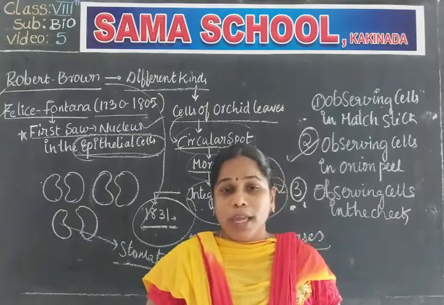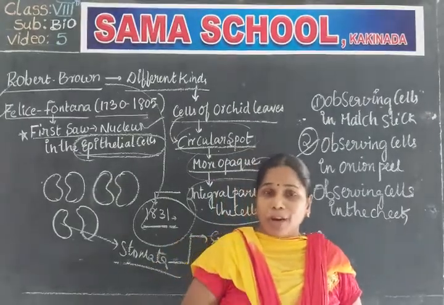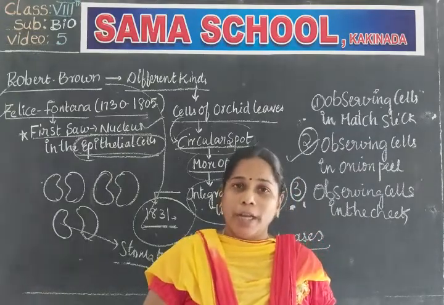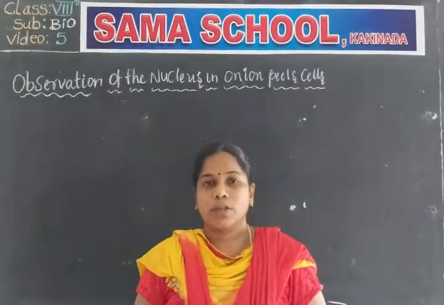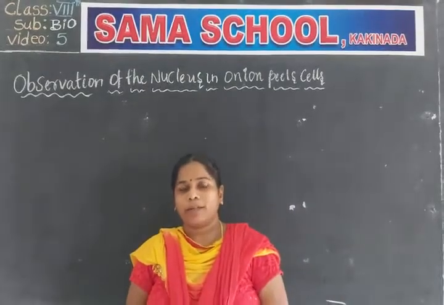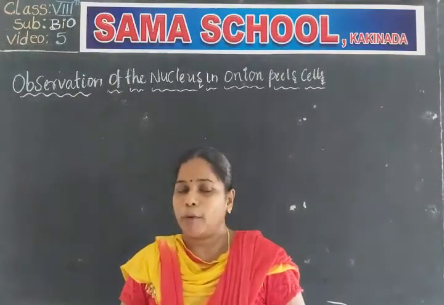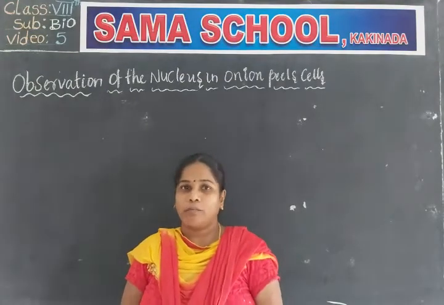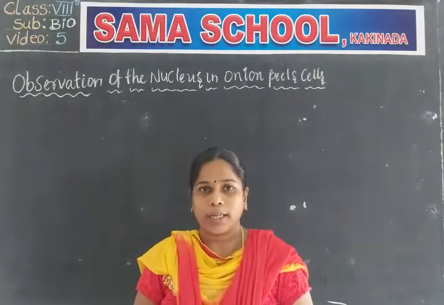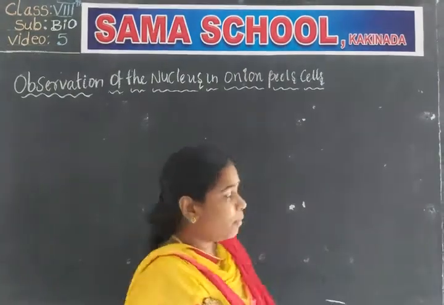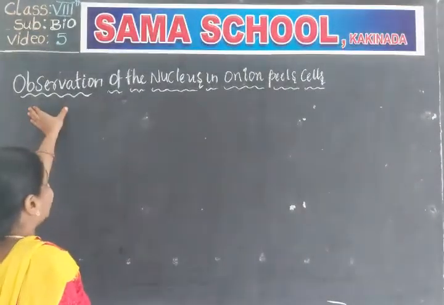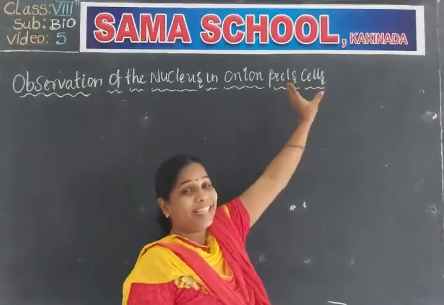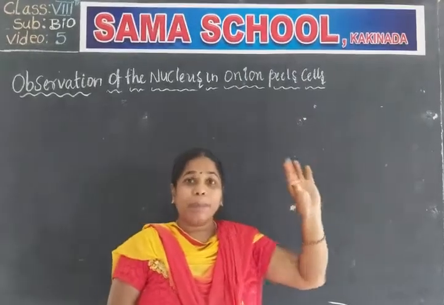Understand? So next we are going to learn another activity, observing the nucleus in onion peel cells. Here we have learned about Robert Brown, what type of cells he saw, and what name he gave to that cell organelle. Now we are going to observe the nucleus in the onion peel cell.